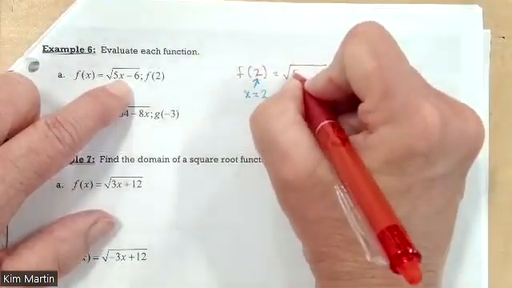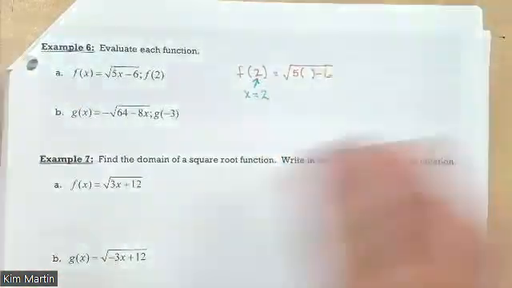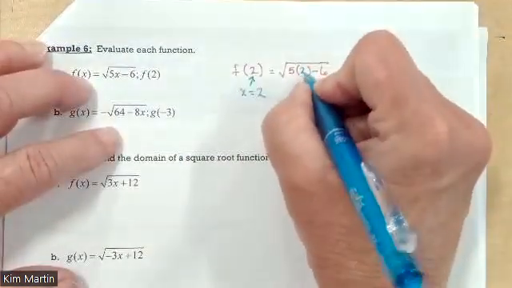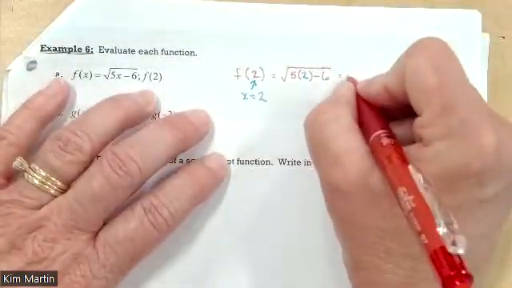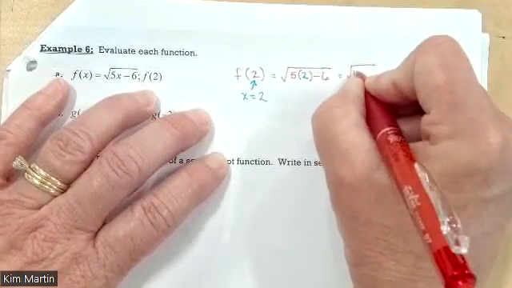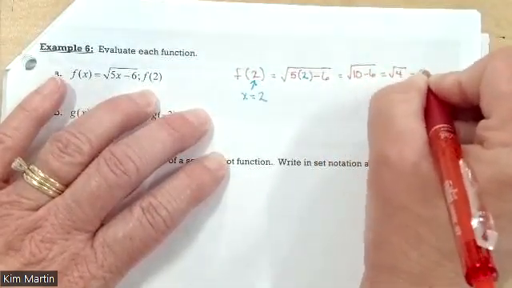You're going to say the square root of 5 times 2 minus 6. Now, I am not going to use my calculator right there because it's too easy. That gives me the square root of 10 minus 6, which is the square root of 4, which gives us 2.